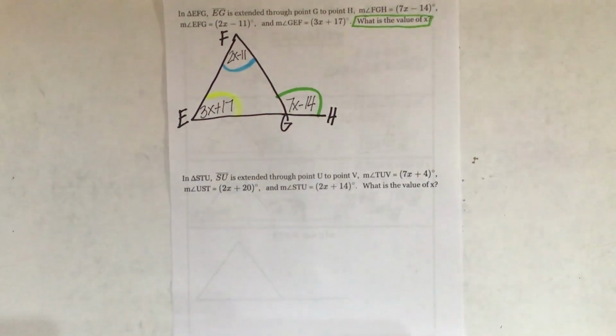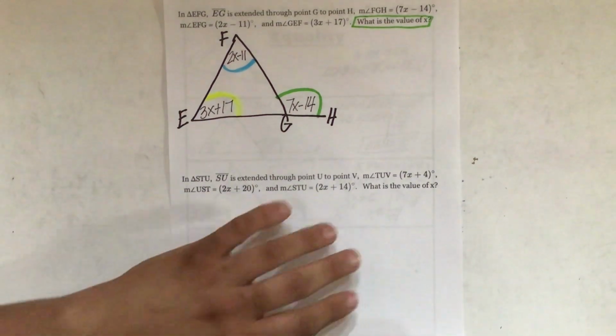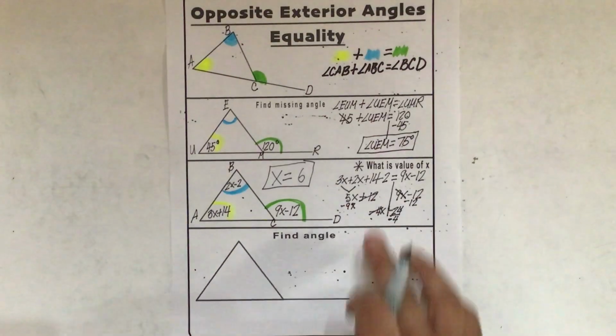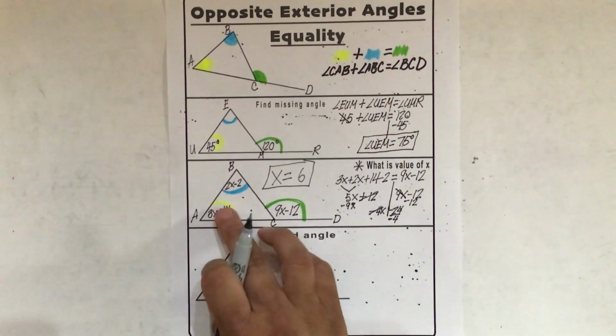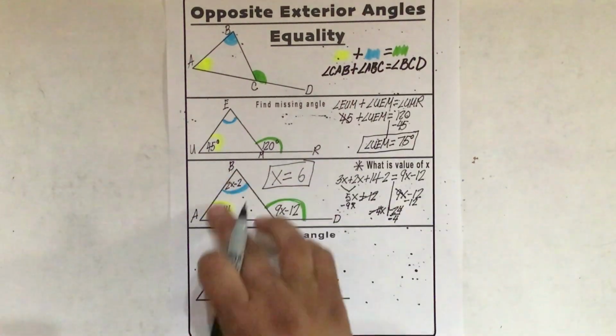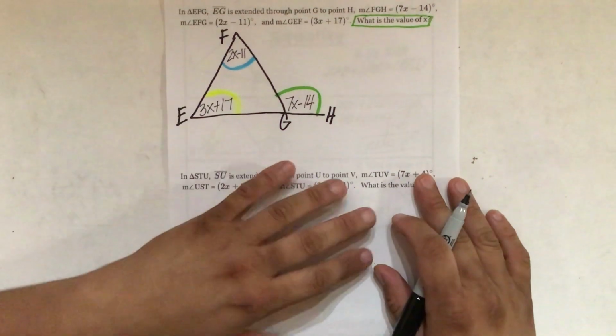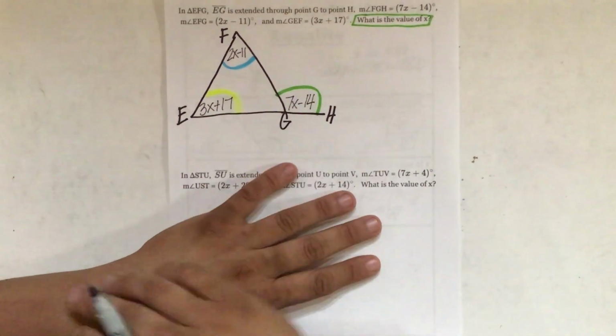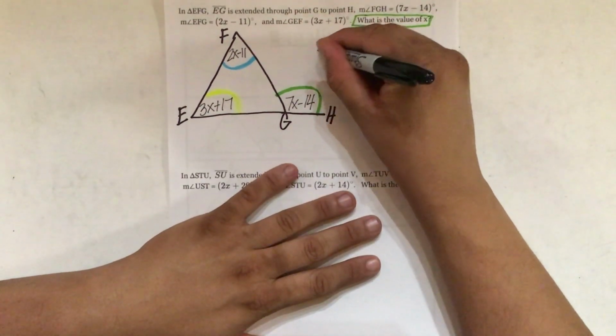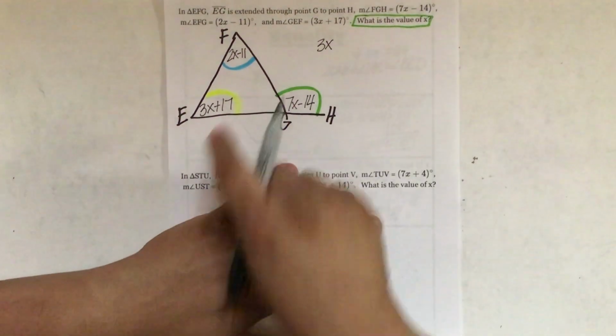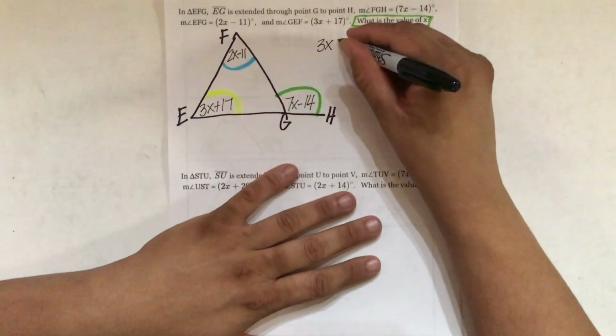So let's solve. So just like I did on this example here, yellow plus blue, let's take care of these two first. Yellow plus blue. So yellow, what's my x on yellow? 3x is my x on yellow. What is my x on blue? 2x.